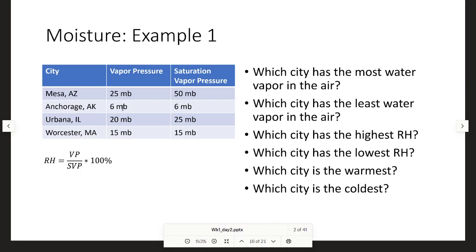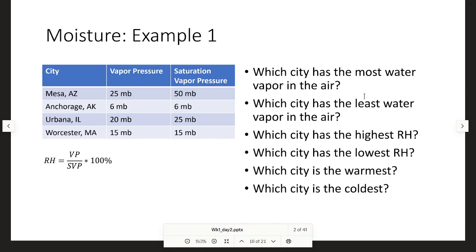Anchorage, Alaska: 6 millibars over 6 millibars, so that's 100%. Urbana, Illinois: 20 over 25, so 80% relative humidity. And then 15 over 15 in Worcester, Massachusetts, so that's 100% relative humidity.